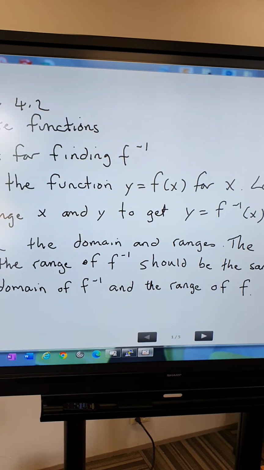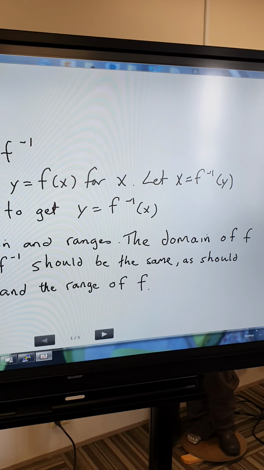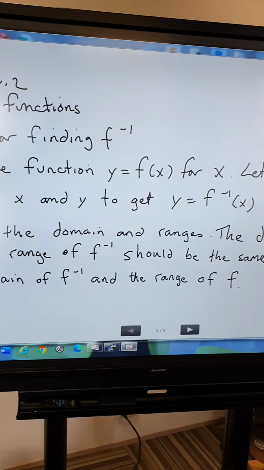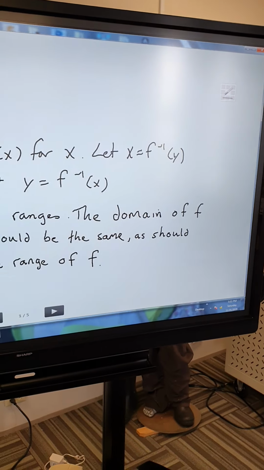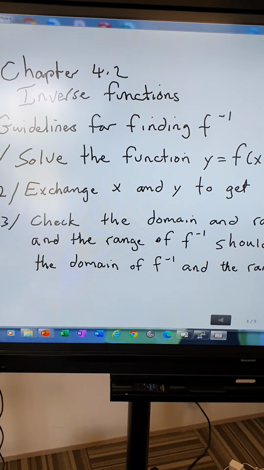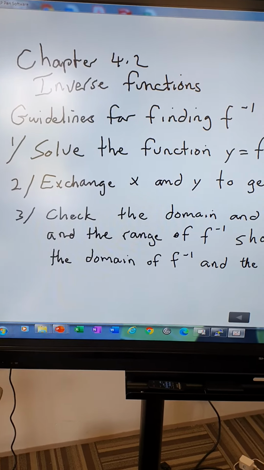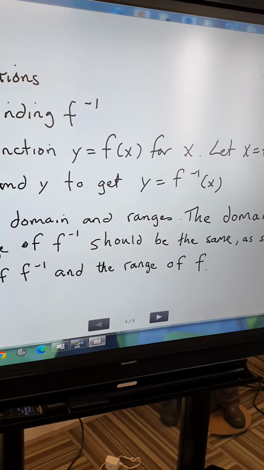Guideline number 2: Exchange x and y to get y equals f inverse of x. Guideline number 3: Check the domain and ranges. The domain of f and the range of f inverse should be the same, as should the domain of f inverse and the range of f.